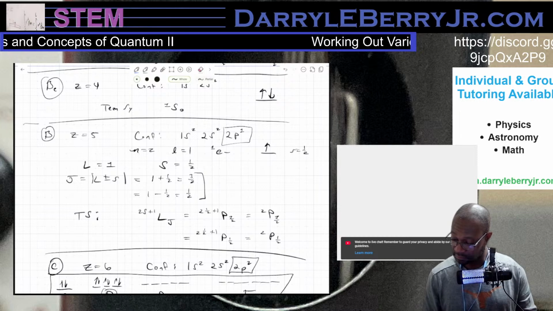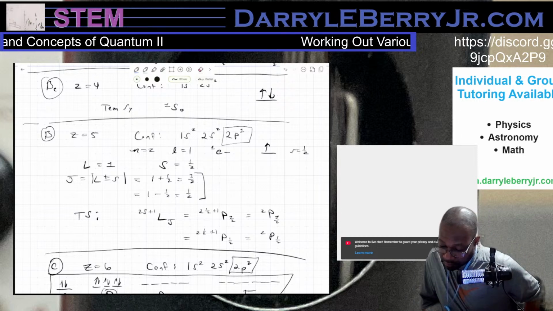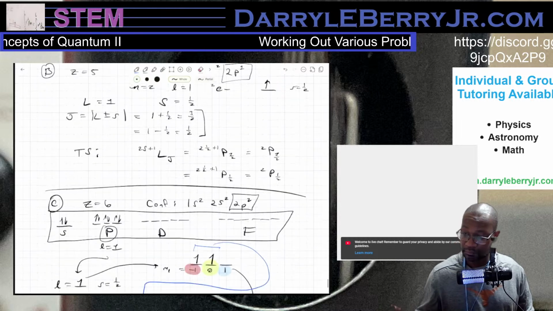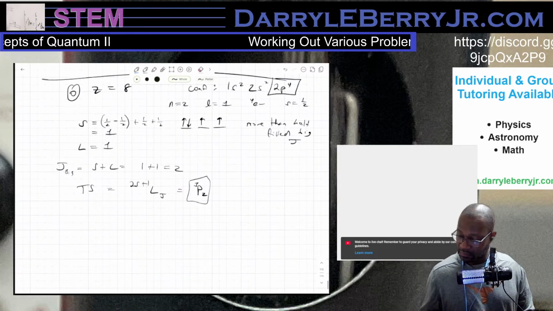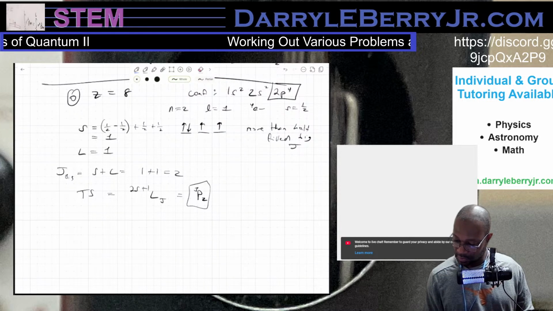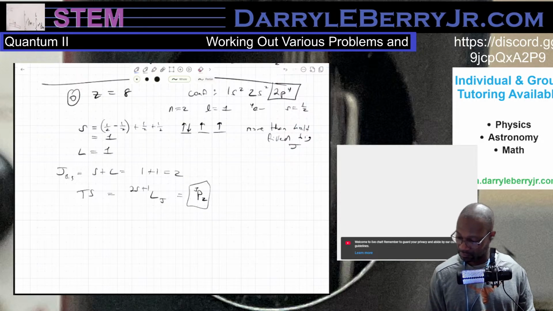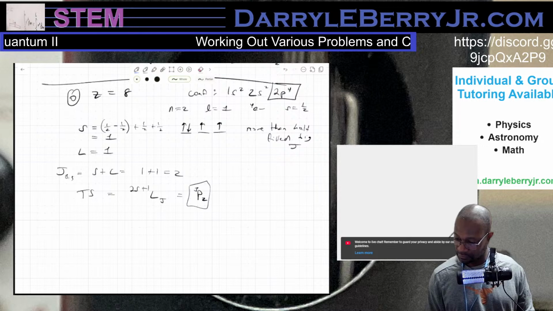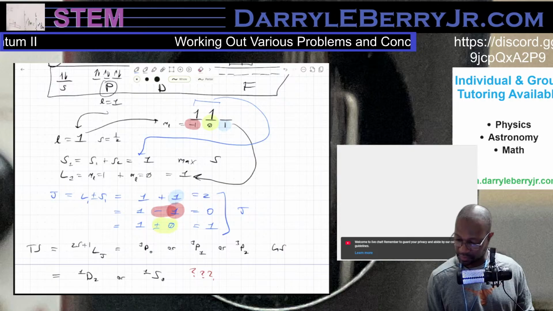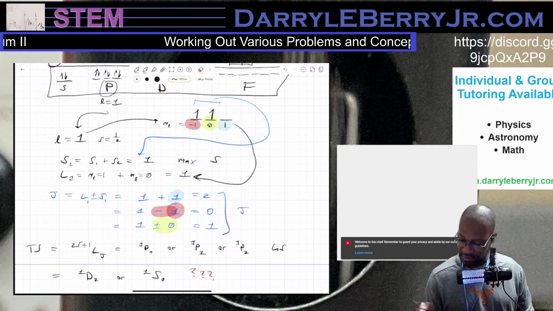So hold up. Here L is 1. That's right. Here L is 1 because we can see that these are going in the same direction.